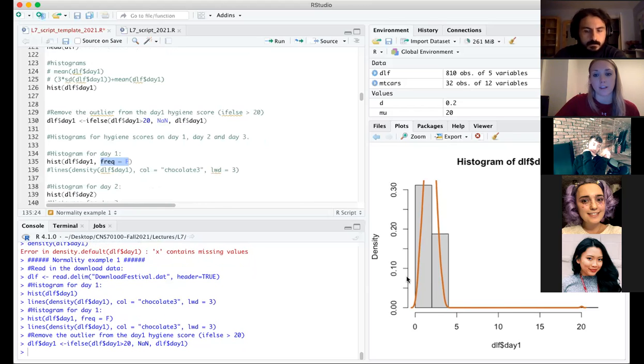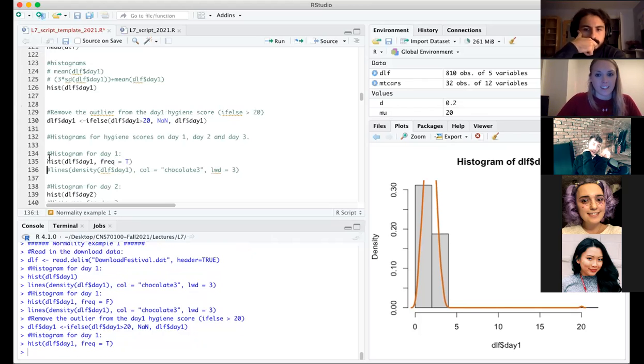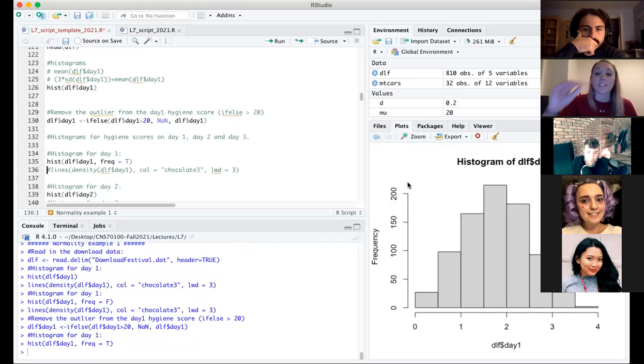Notice the scale of density is 0.0 to 0.3. And the frequency, if I change this back to true, just gives you a weird flat line. The density line is correct, but it's so tiny that you can't see it because it's trying to plot 3/10 of a point down there. That totally makes sense. Thank you.